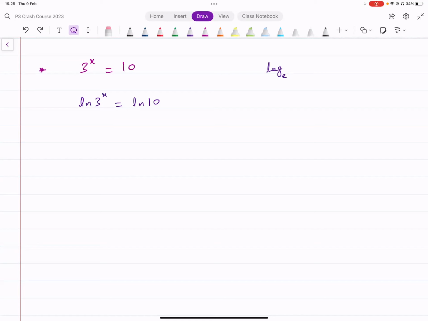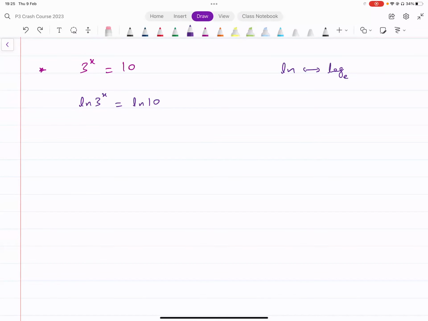Remember, ln means log with base e. It's just a short way of writing log with base e. So I'll be using ln whenever I take log, unless the question has another log already taken. In that case, we could use whatever log they have there. But otherwise, we will be using ln wherever we have to use logs.